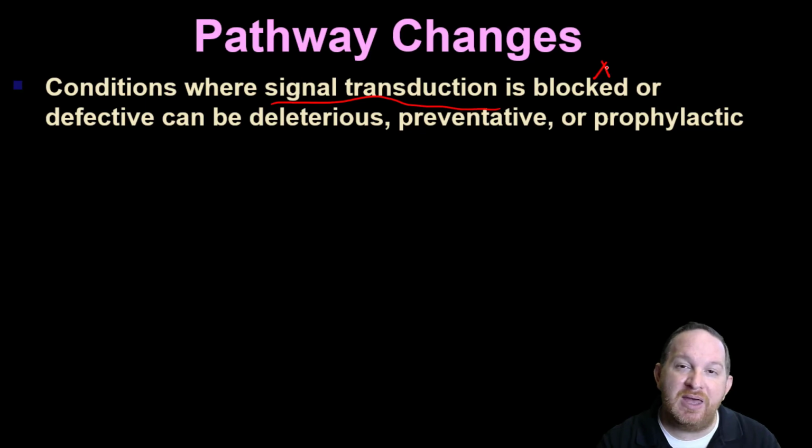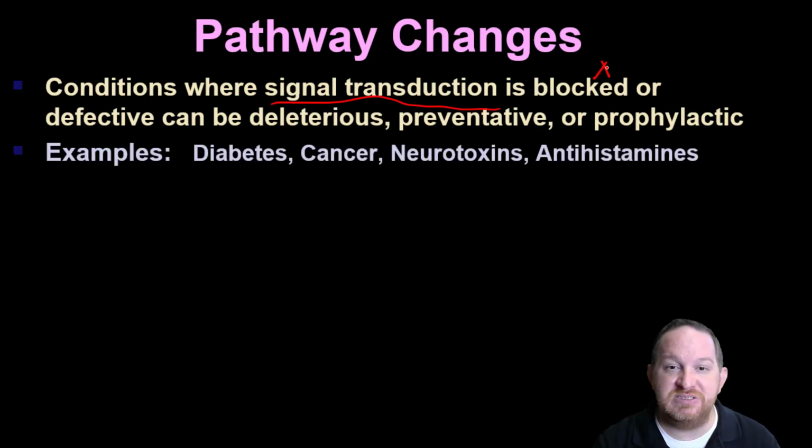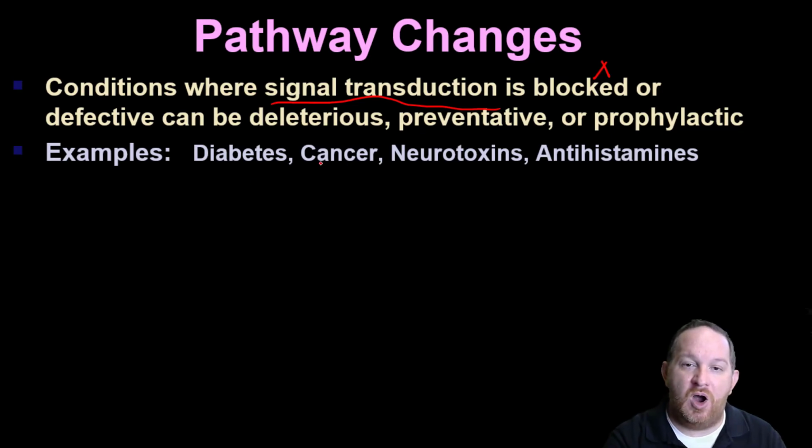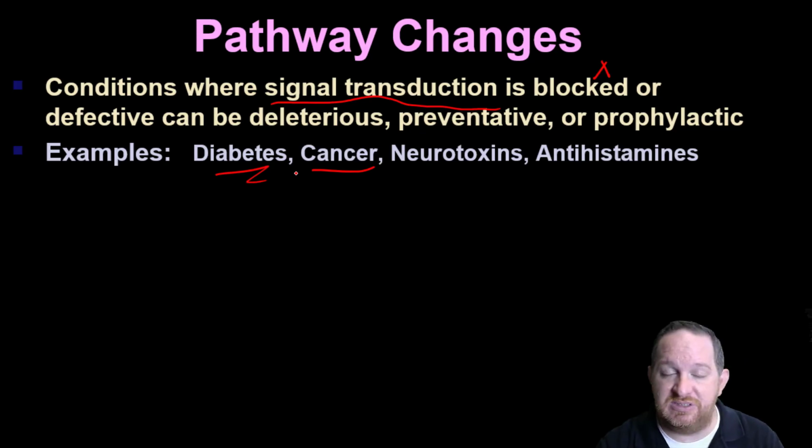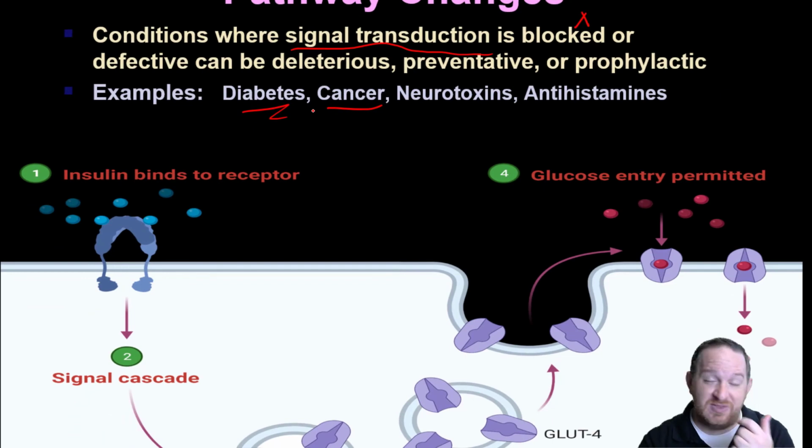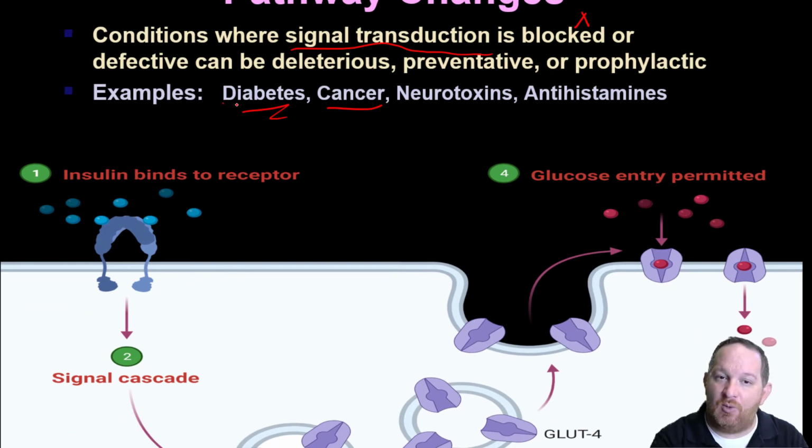So there can be lots of times that these pathways don't work. Sometimes it causes disease. Sometimes we use drugs to actually stop some of these pathways. So some examples are obviously cancer, diabetes, which I led the whole discussion with today. Neurotoxins work, antihistamines block this pathway as well. I'm going to give you the example to sort of wrap up how we started the whole thing with diabetes.